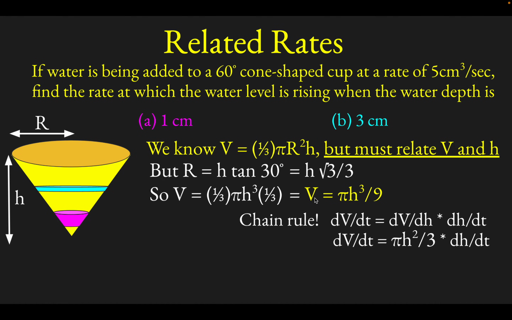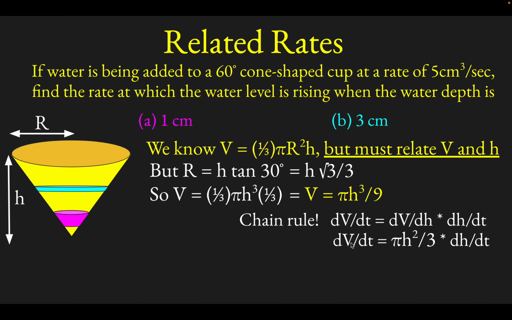So dV/dt is going to be, well, we need to take the derivative of this expression with respect to h first. So you bring the 3 down, the exponent down in front, reduce it by 1. So you get 3 pi h squared over 9, otherwise known as pi h squared over 3, and then times dH/dt.